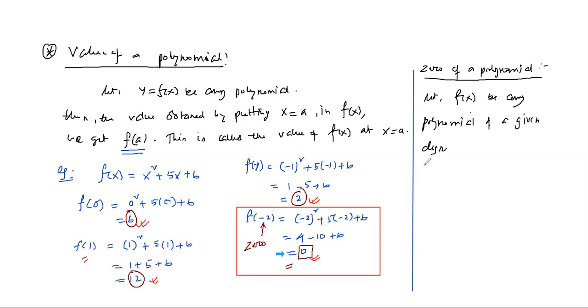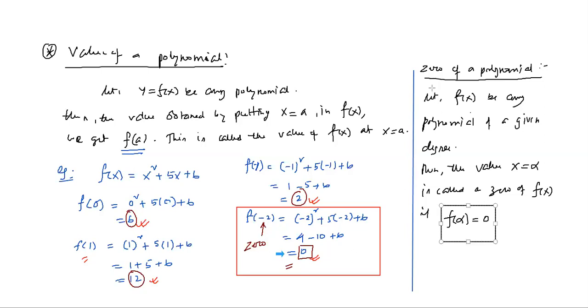Then the value x equal to alpha is called a zero of f(x) if f of alpha is 0. That means once we replace the value of x by this alpha, we get the polynomial's value as 0. In that case, this value of x is known as the zero of the polynomial.